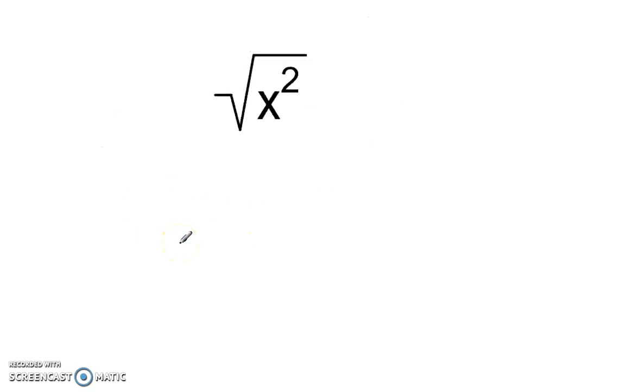Okie dokie. So, there we go. There's the entire expression. Now, if you have x squared and you're taking the square root, if there's no index, then there's a 2 implied. So if there's no index, that's a square root.